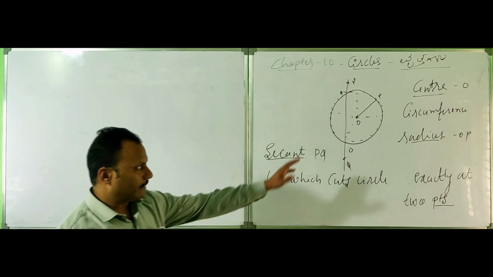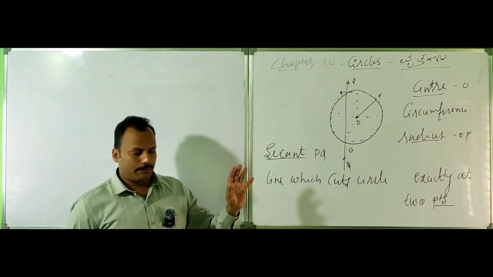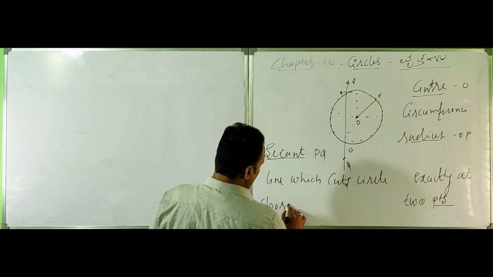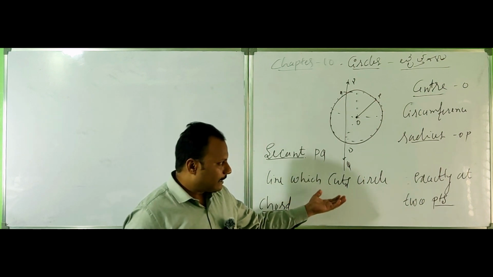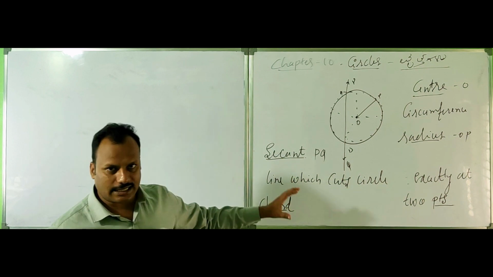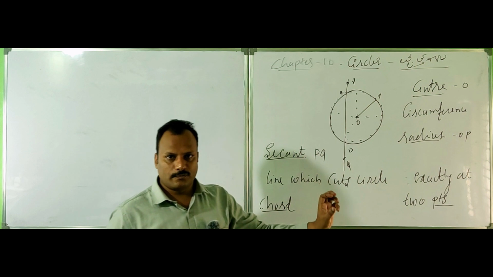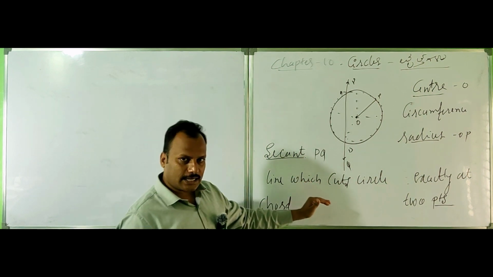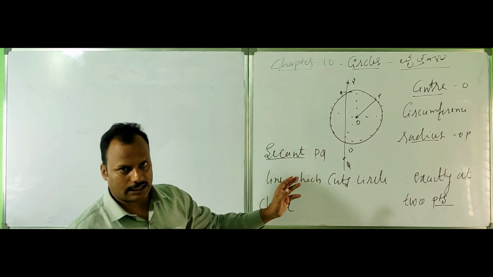It's called secant. Okay, very important, chord is also defined as the line segment connecting the 2 points, the part of the secant between the 2 points on the circle.